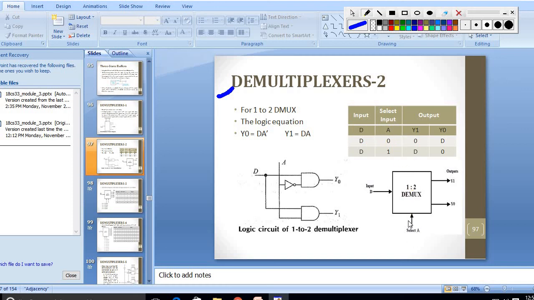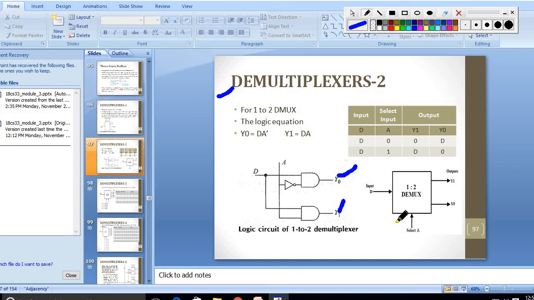If you select 0, your output y1 is 0 and y0 is D, because for y0 and y1, first y0 is always your D when A is equal to 0. When A is equal to 1, your y1 should be D.